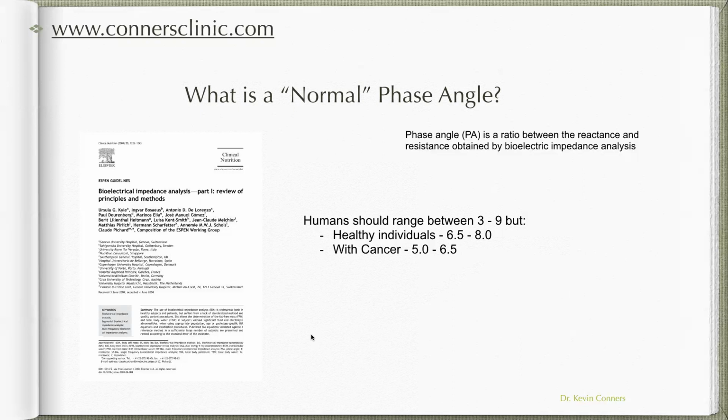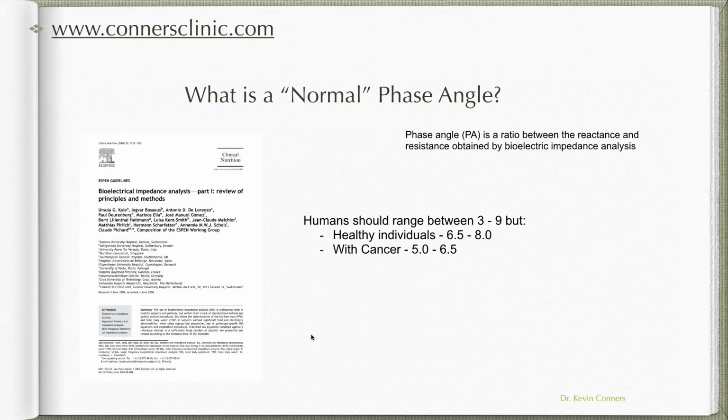I don't remember anybody measuring higher than 10 point something. But the younger the person is, the higher the phase angle will be, because they haven't been exposed to many toxins, many poisons, many things that damage our cell membranes.